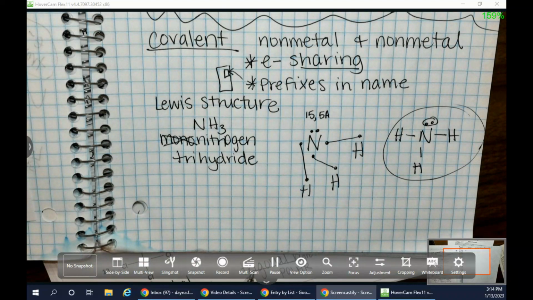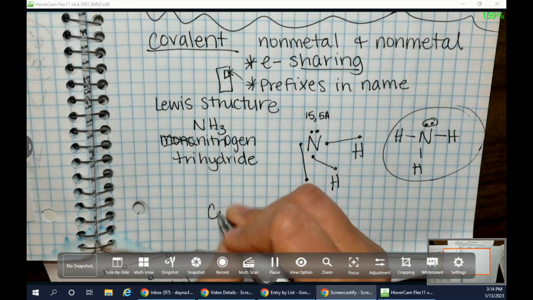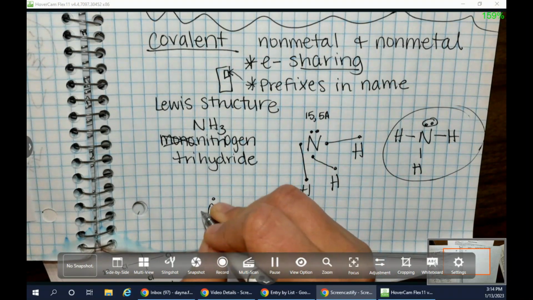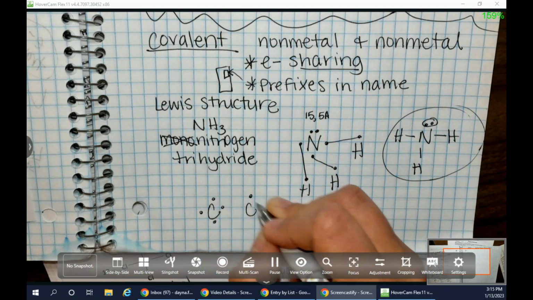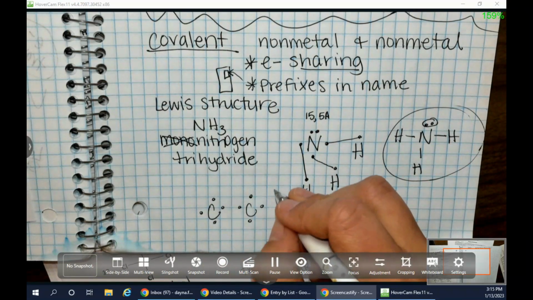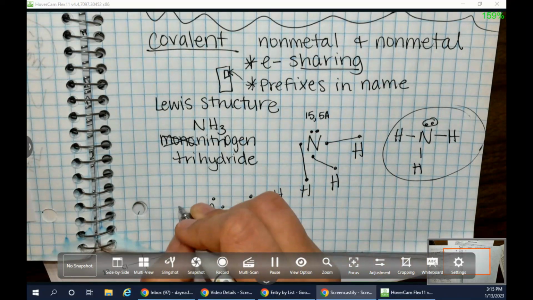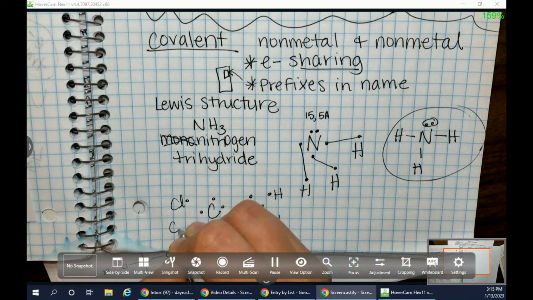Remember, you can have double and triple bonds. So if you want to have one more example, you can also leave carbon on here: 1, 2, 3, 4. Let's say we were putting it with another carbon, and then 2 hydrogens and 2 chlorines.